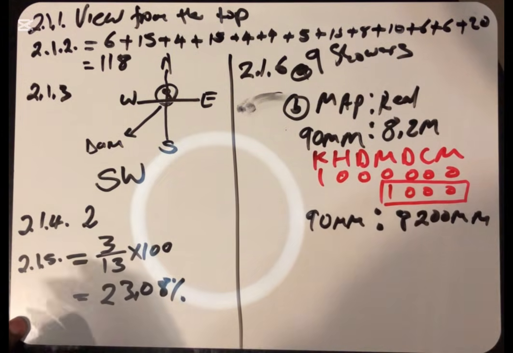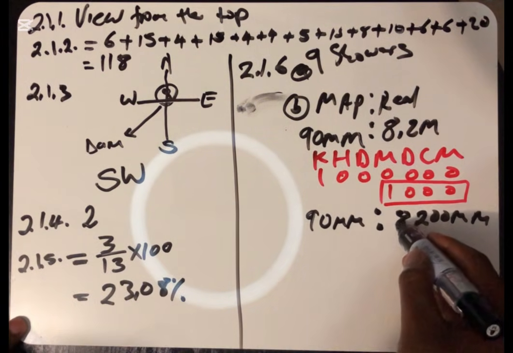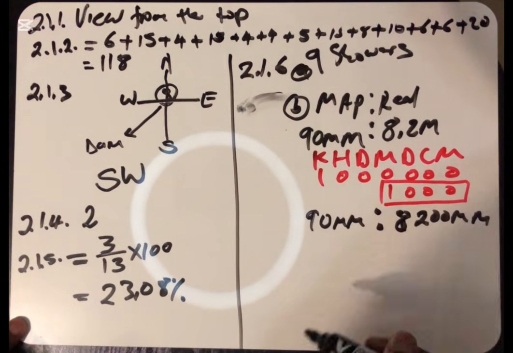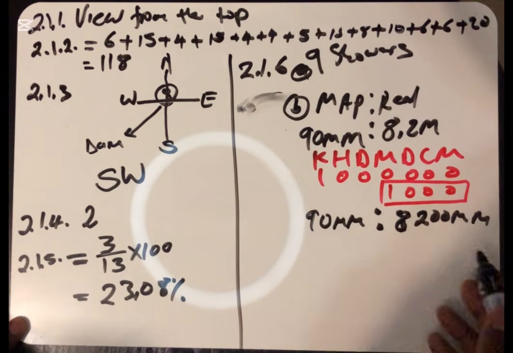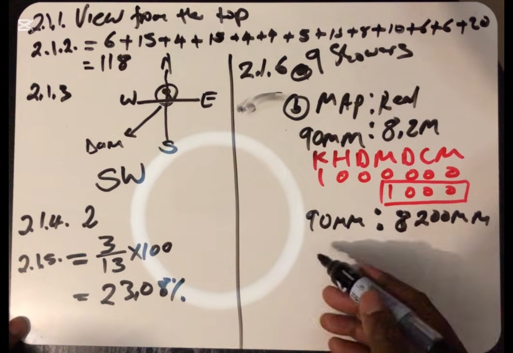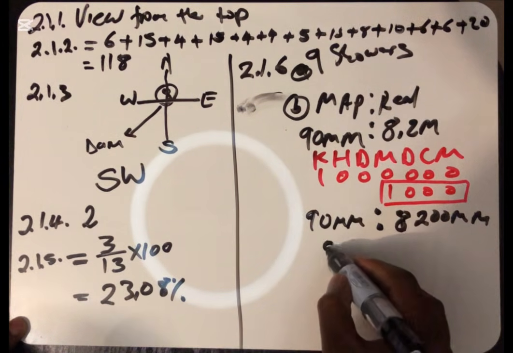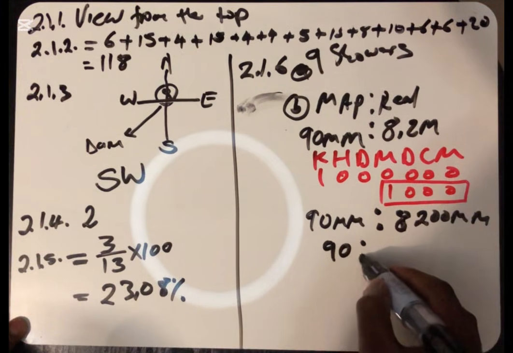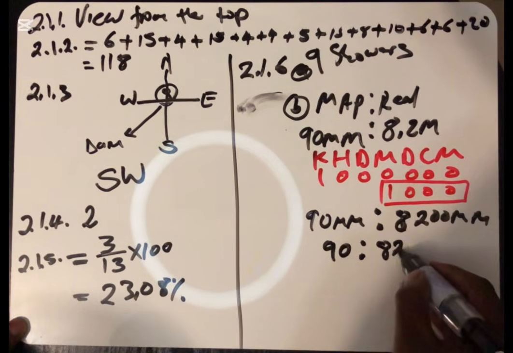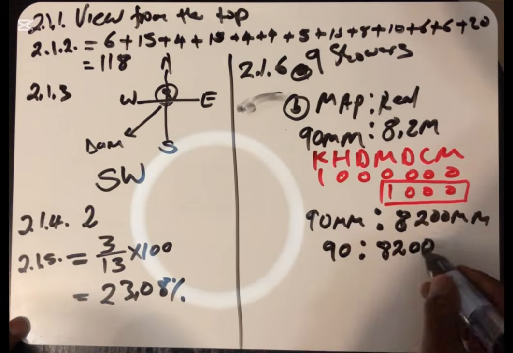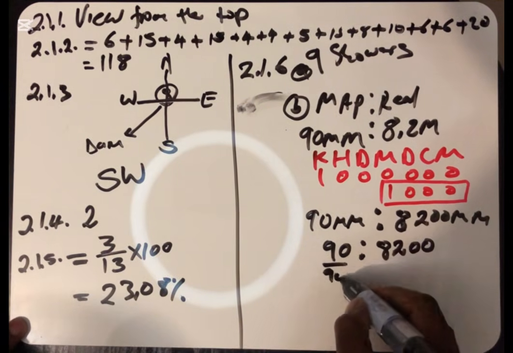Because we are looking for the scale and we are now having the same units, we can forget about the units. We remain with 90 is to 8,200. Then we can divide everything by 90.